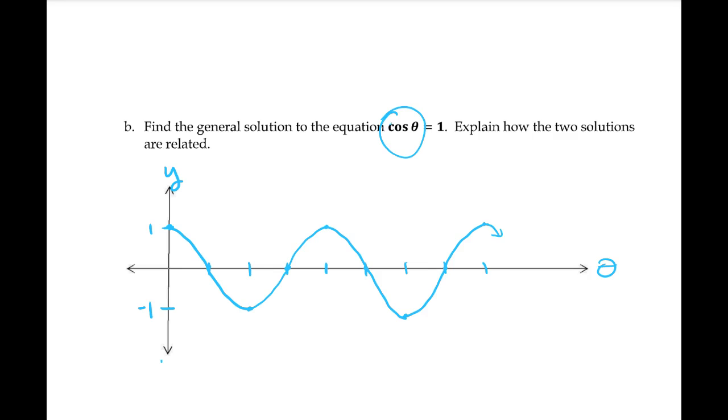Okay, so once I've graphed my y equals cos theta function, I'm solving for when cos theta equals positive 1.